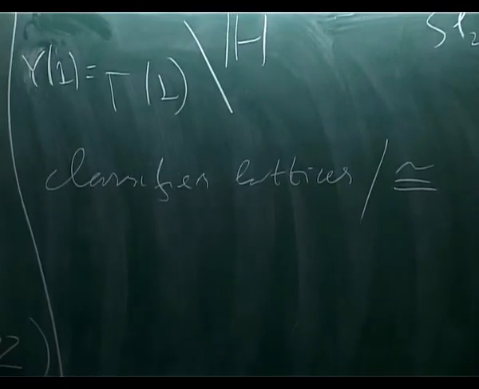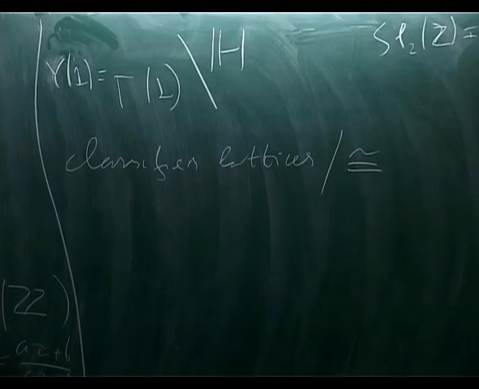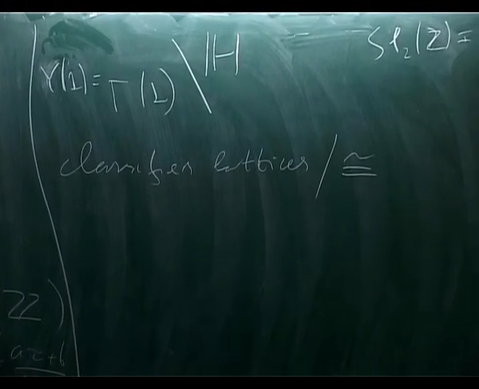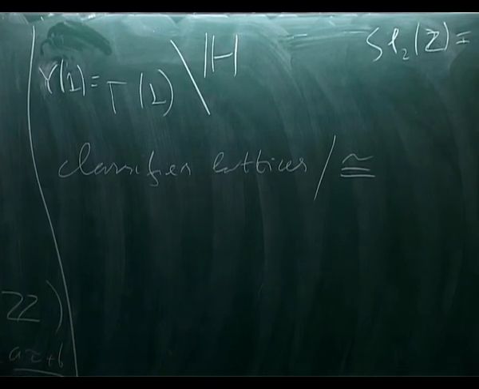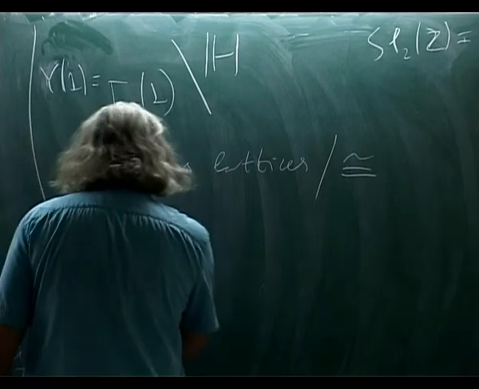But what is a lattice? A lattice is a dual object to an elliptic curve. So to every lattice we associate an elliptic curve, and two elliptic curves are C-isomorphic if and only if the corresponding lattices are isomorphic. So it also classifies elliptic curves.